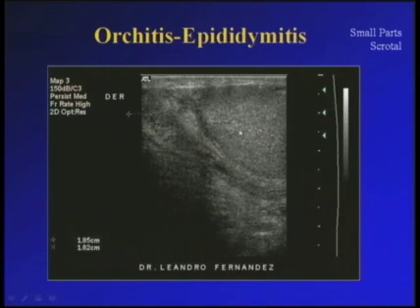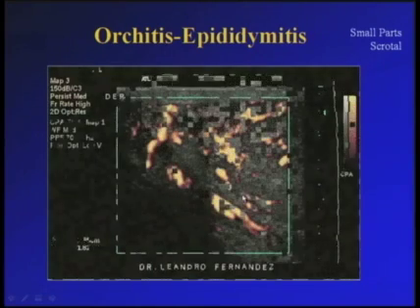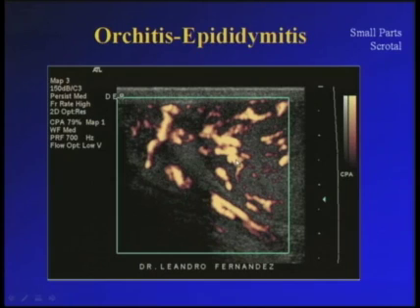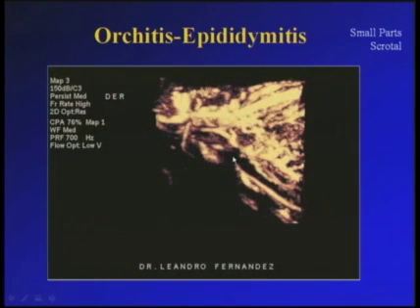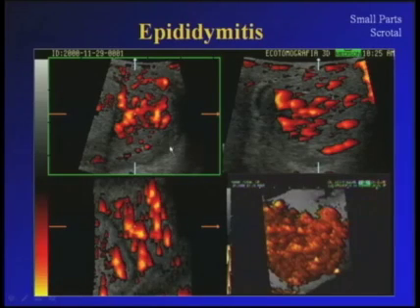Orchitis and epididymitis, we can observe an altered echogenicity of the head of the epididymis here with a hypervascularized condition, better depicted when the three-dimensional power Doppler is used. Examples of epididymitis by using color Doppler, and this is a combination of B mode and power Doppler.